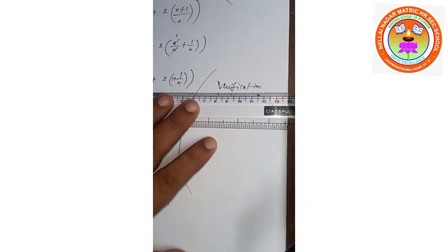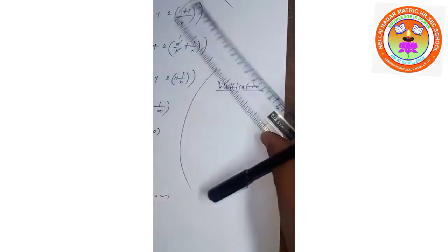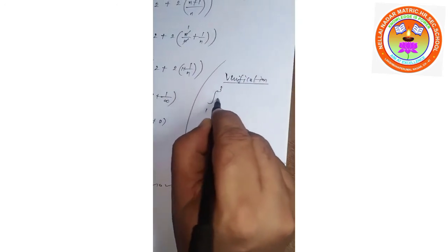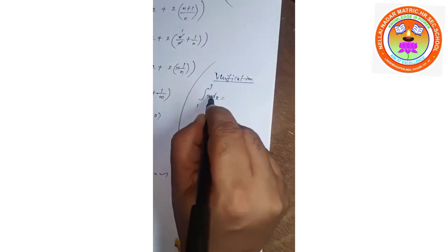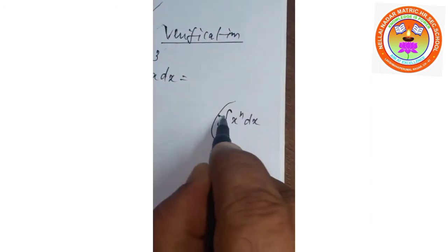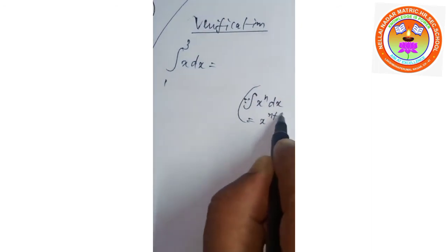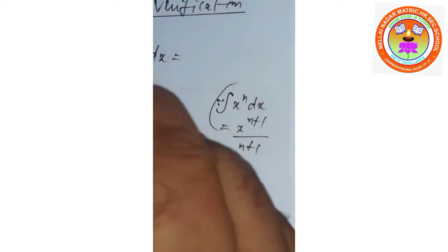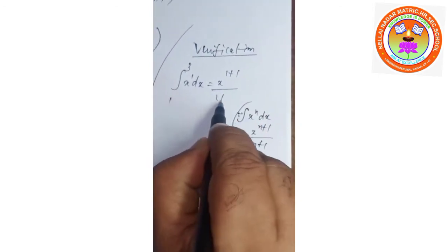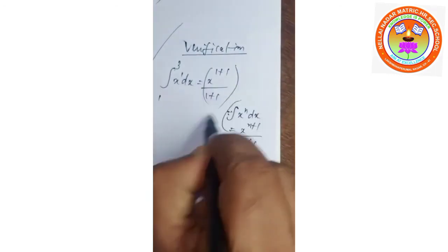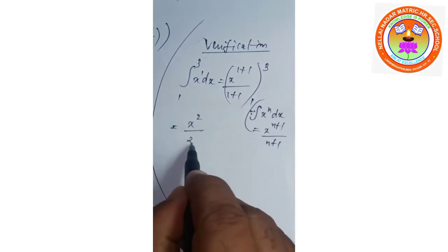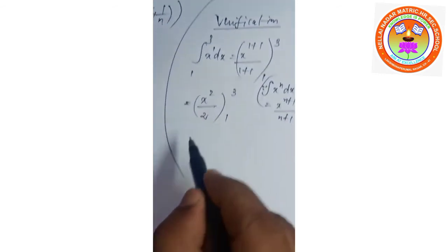How to verify whether the answer is correct or wrong. The given question is integral 1 to 3 x dx. You know the formula that integral x power n dx is x power n plus 1 by n plus 1. What is the value of n here? 1. So it is x power 1 plus 1 divided by 1 plus 1, that is x power 2 divided by 2, limit 1 to 3.